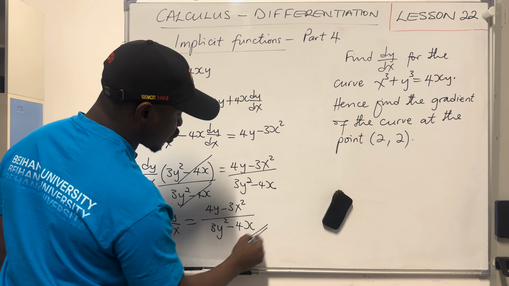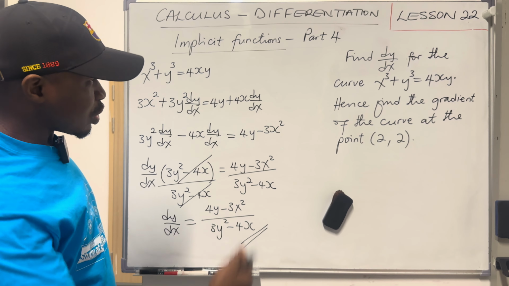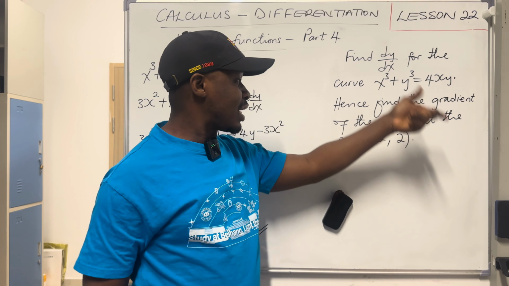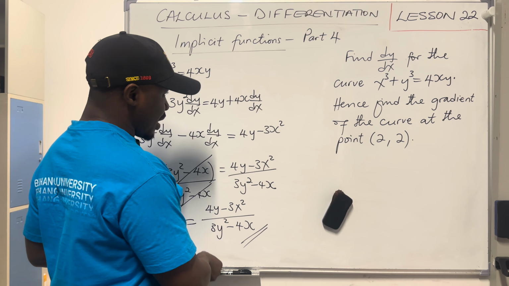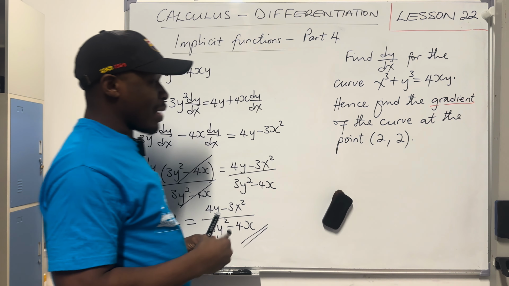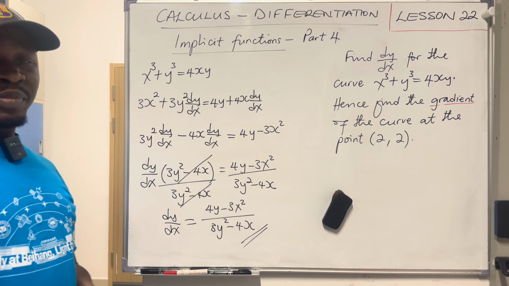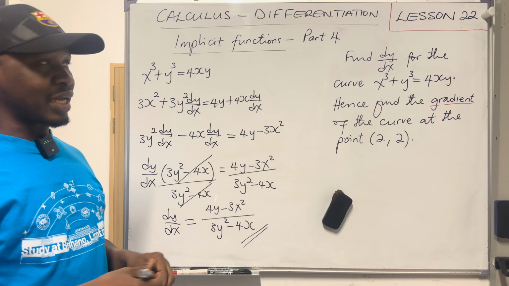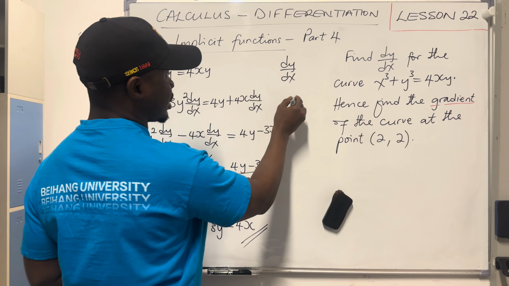So if the question is to only find dy dx, this is dy dx for you. But the question further says, hence, find the gradient of the curve. But we need to understand what is meant by gradients in calculus. When we talk about gradients in calculus, we mean the first derivative. What do we mean by the first derivative? We mean dy dx. This dy dx represents gradients.